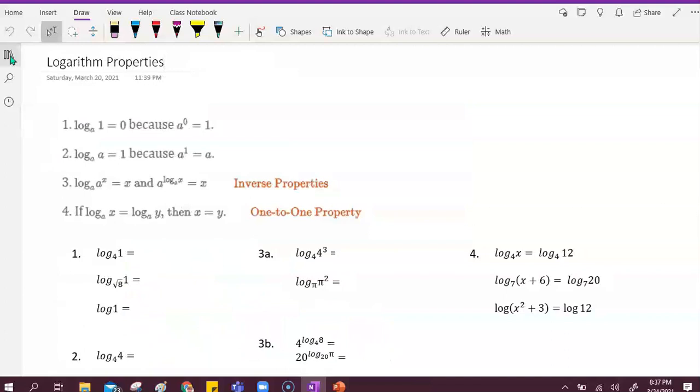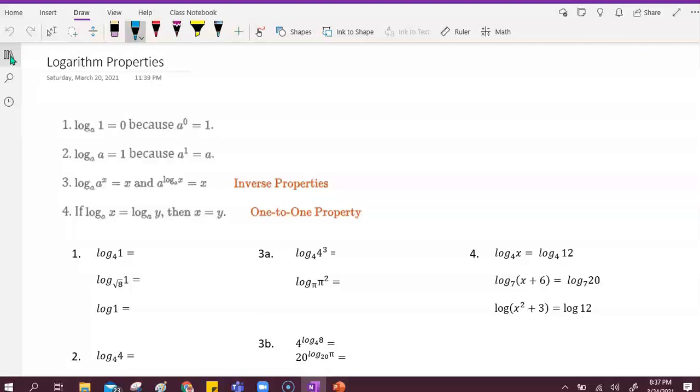Okay, we have some logarithmic properties here, 1, 2, 3, and 4. I'm going to break down each one of these and show you how to use each one. The first one, log of any base of 1 is always equal to 0.